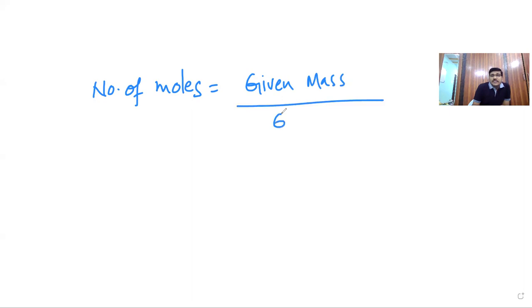He was asking just the given mass was how much? Here I am putting for the same question: number of moles is equal to given mass by GMM, gram molecular mass, or molar mass.